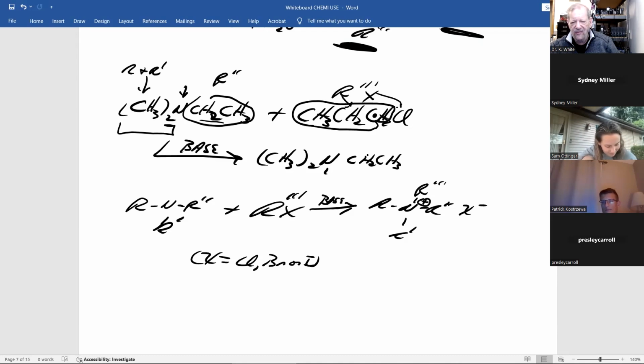This is my X. And the answer is no, so I have 3 carbons. You have a plus charge on the nitrogen. You don't have to write the charges. Don't forget the anion, and that's chloride, Cl minus. And that's how you make that quaternary ammonium salt.